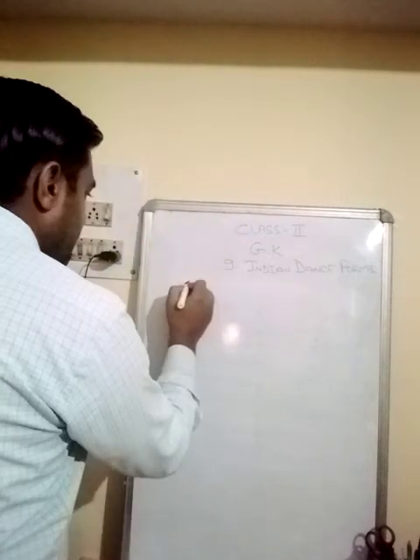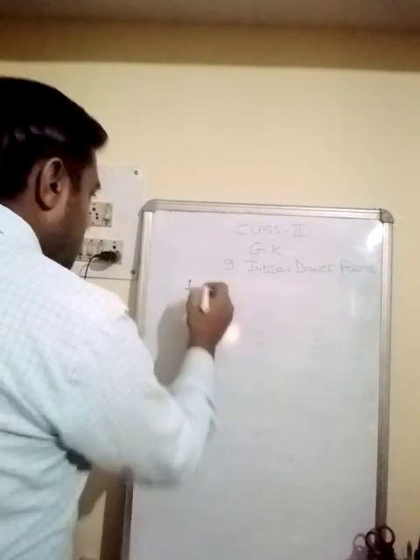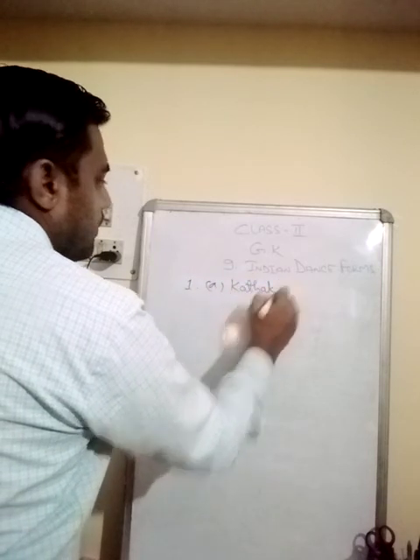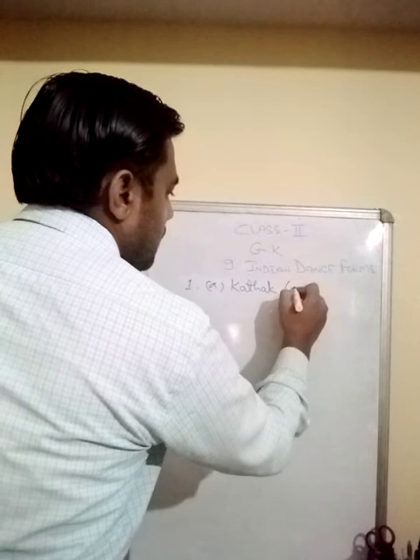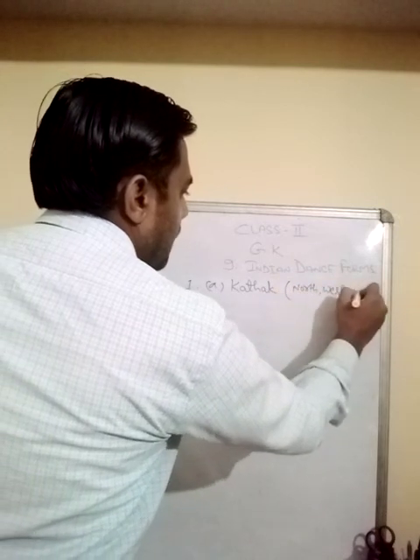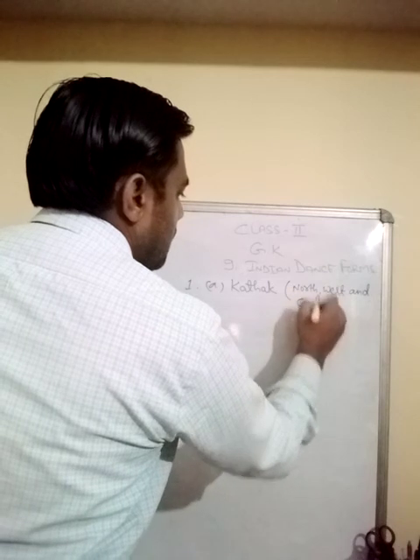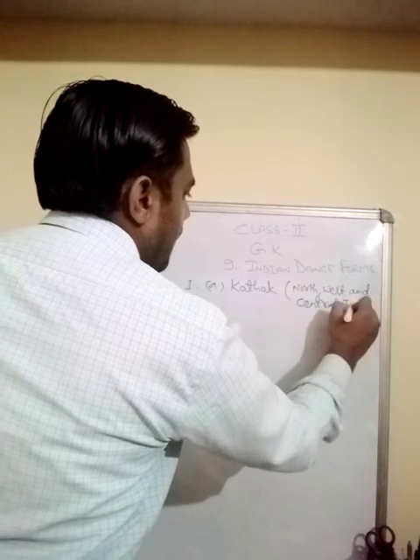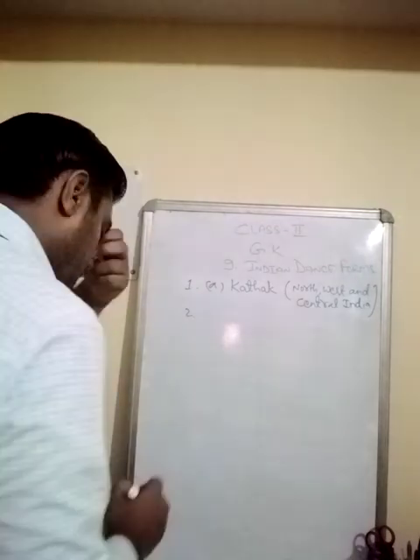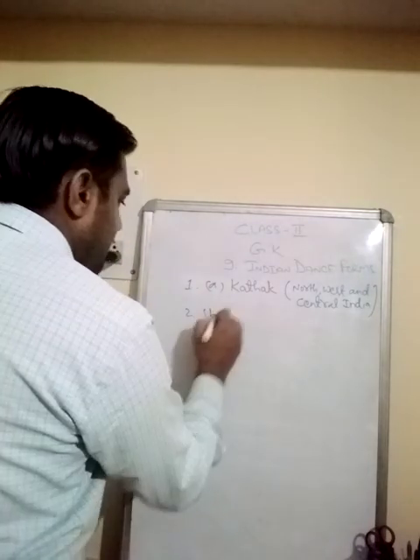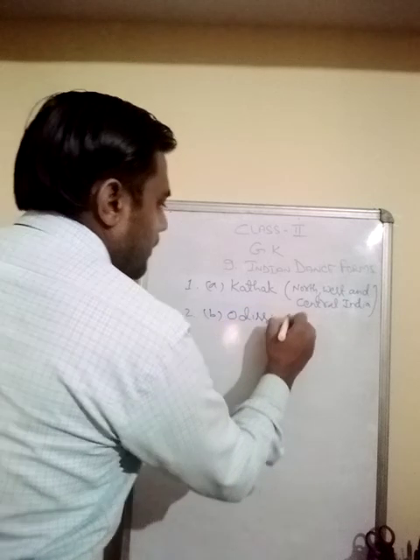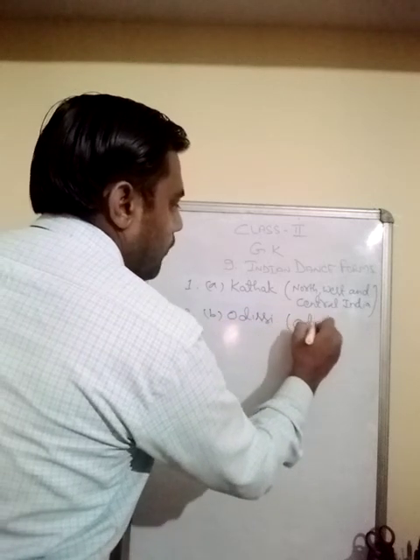So number 1, your correct answer is option A, Kathak, famous in North, West and Central India. Then number 2, your correct option is B, Odissi. It is famous in the state of Odisha.